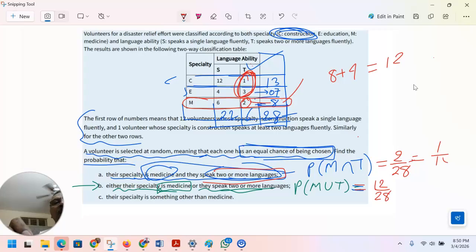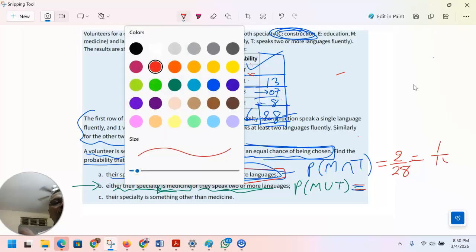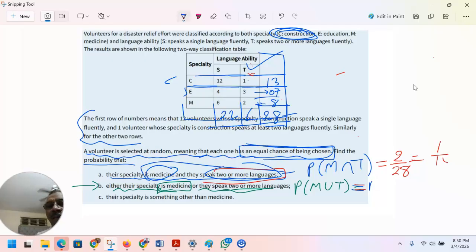But I'm going to use the other formula, which is the addition rule of probability. What the addition rule of probability says is that you write the probability of the first, that means the student is good in medicine, plus the probability the person is good in two languages, and you have to take away the probability that the student is both good in medicine as well as speaks two languages.